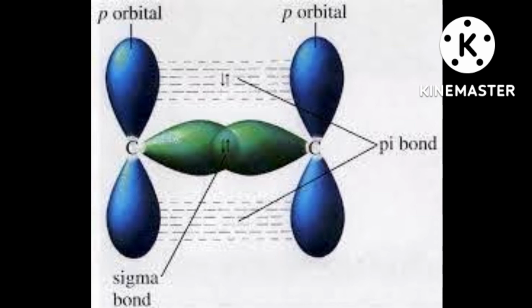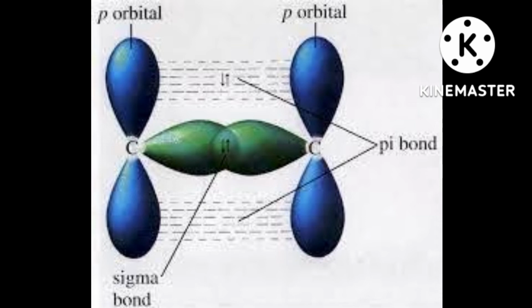And for Py and Pz, what I told you is sidewise overlapping, meaning the vertical way or lateral way. When they overlap like this, that is also overlapping, called sidewise overlapping or lateral overlapping.